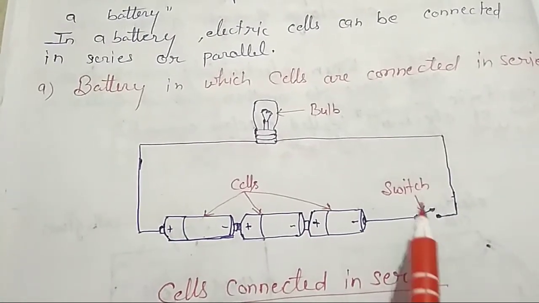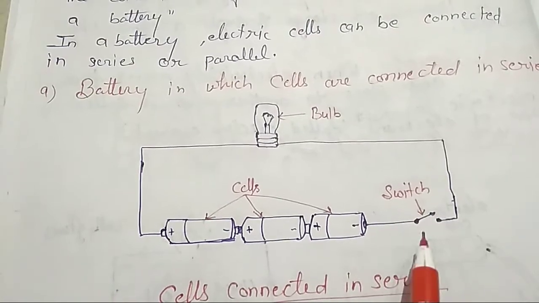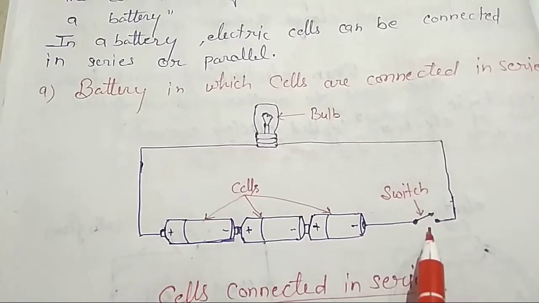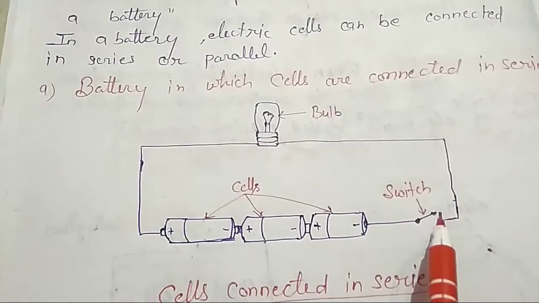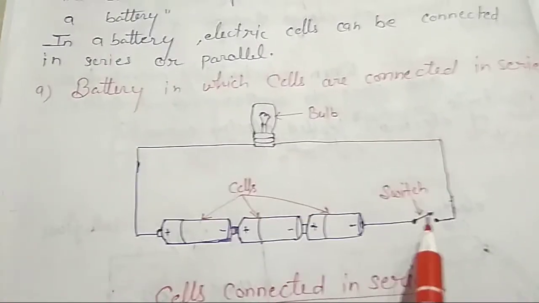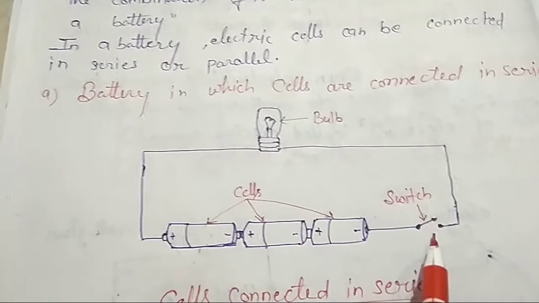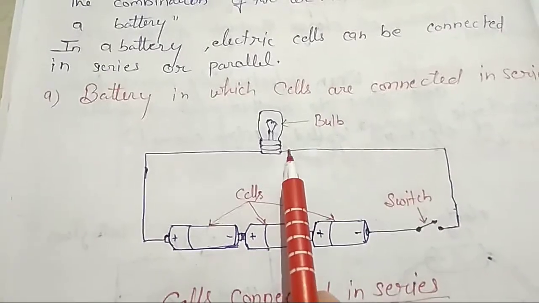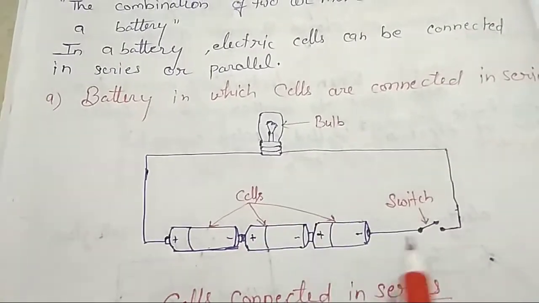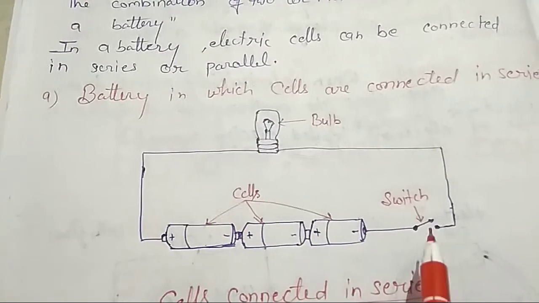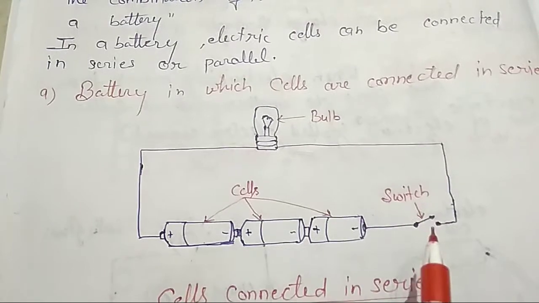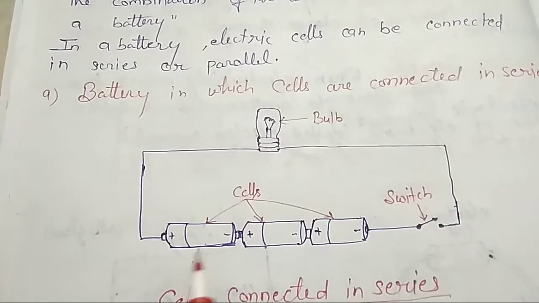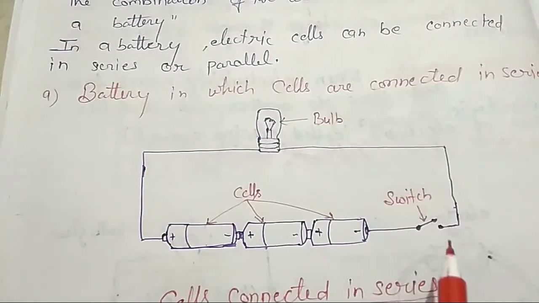And here you can see this is a switch, and it is open. The switch is open, meaning the connection is lost. So current will not flow and the bulb does not glow because current is not flowing. Actually this is an open, incomplete circuit.